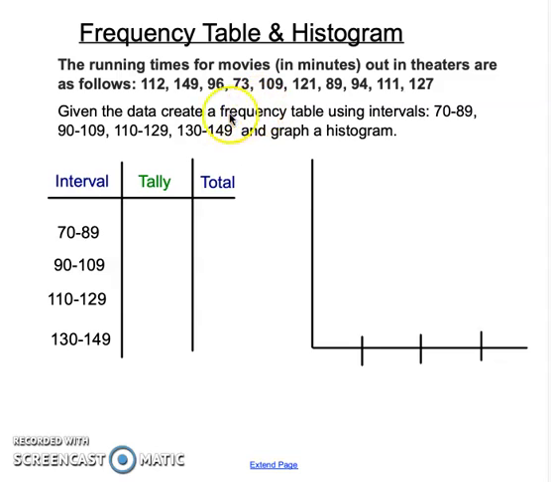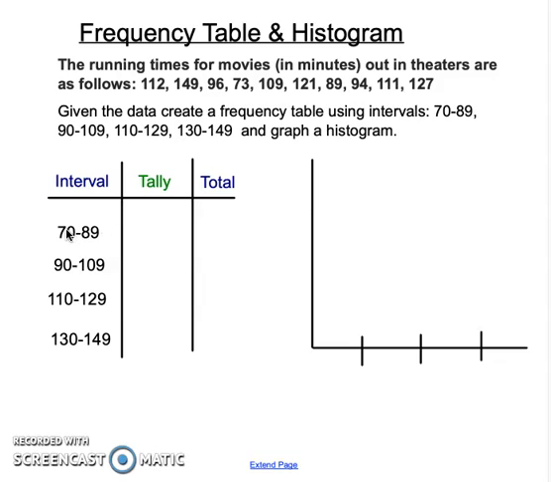Looking at our numbers, I can see that my smallest number is 73, and my biggest number is 149. If I round those numbers off, this can round down to 70, and this can round up to 150. So all my numbers are between 70 and 150. That's why I have my first interval starting at 70. Now if you subtract 150 minus 70, you get 80. So I know those numbers are 80 apart.